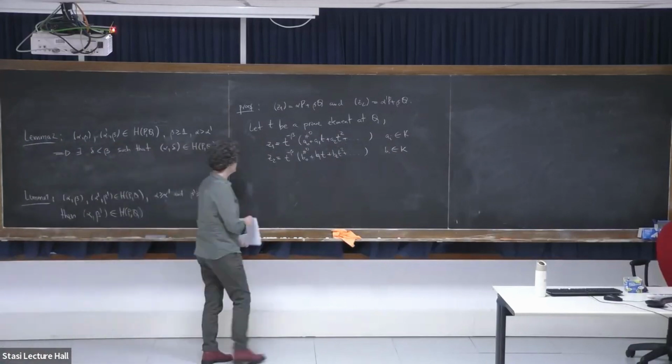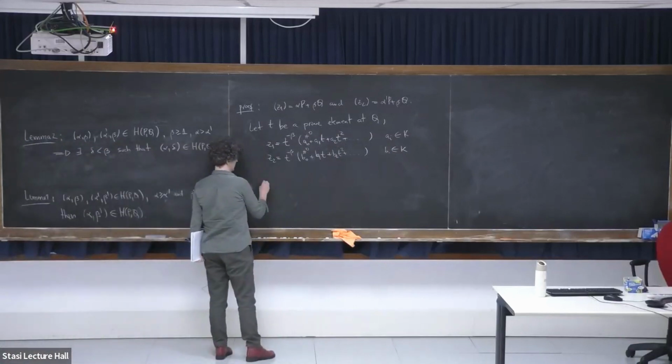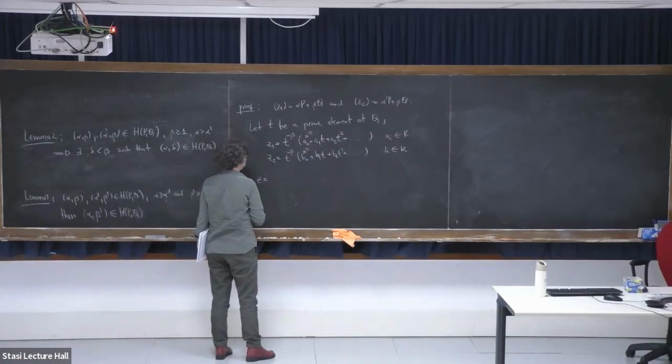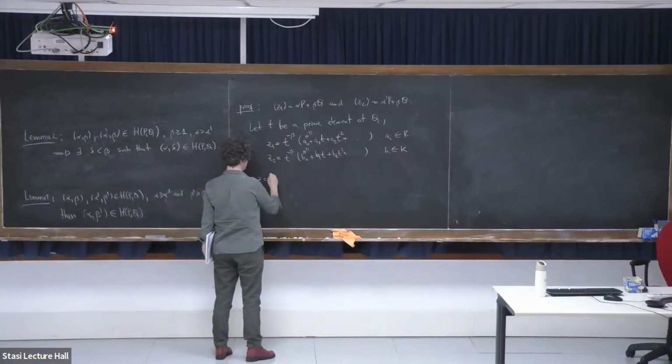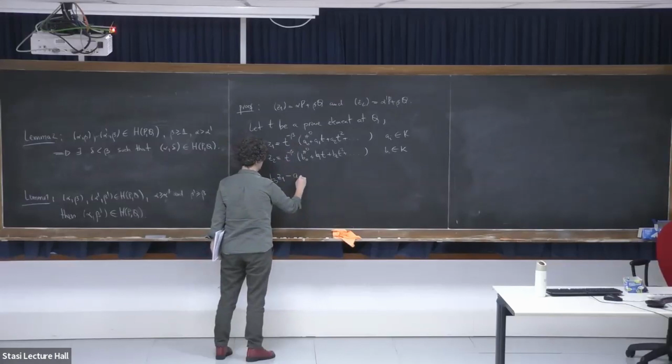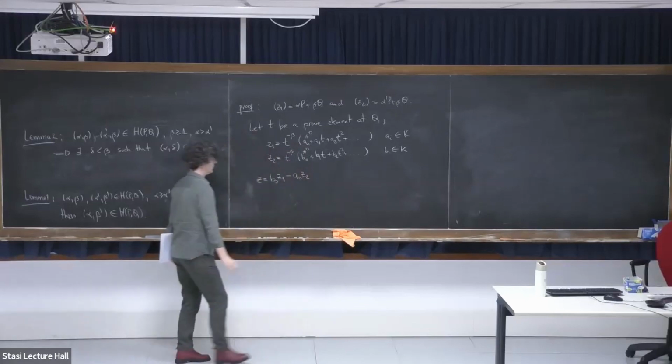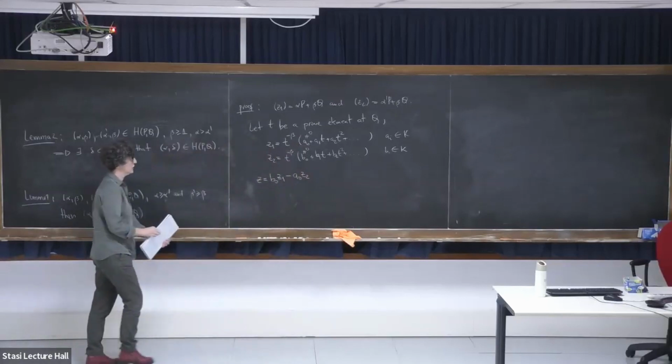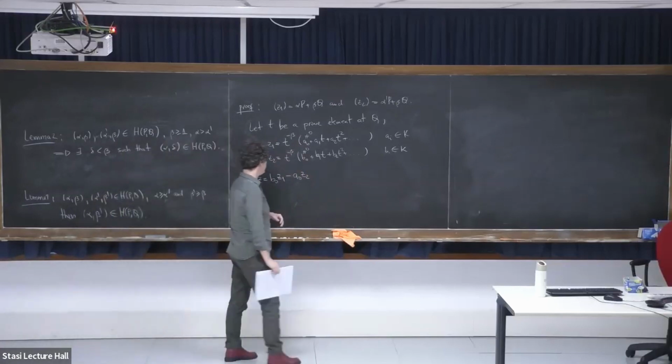So the nice function is, if I take zeta equal to beta 0 times zeta 1, and I do minus a0 zeta 2. Okay, so if I do this, what's going to happen?